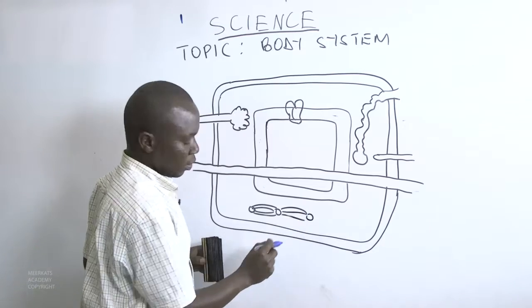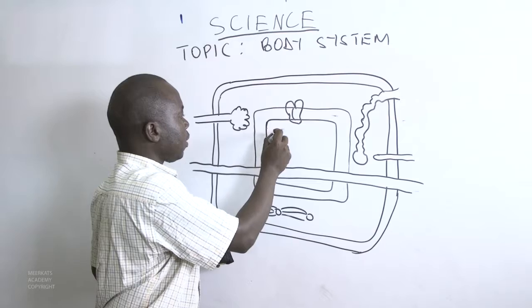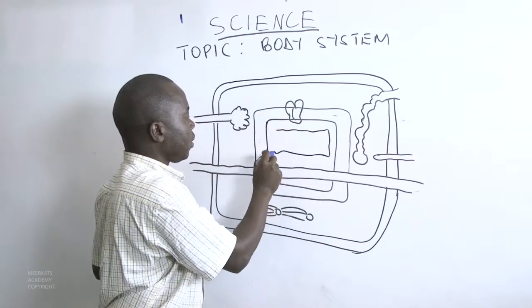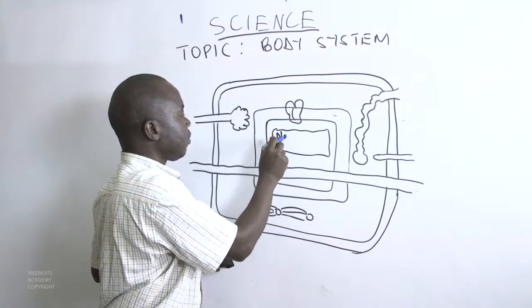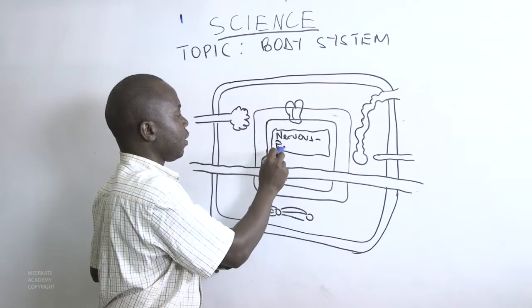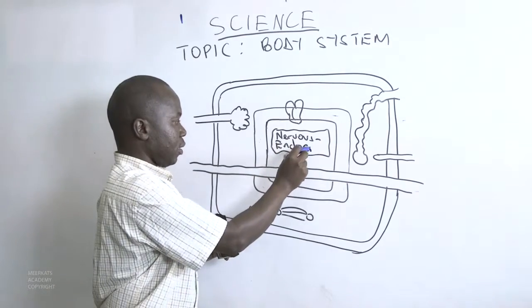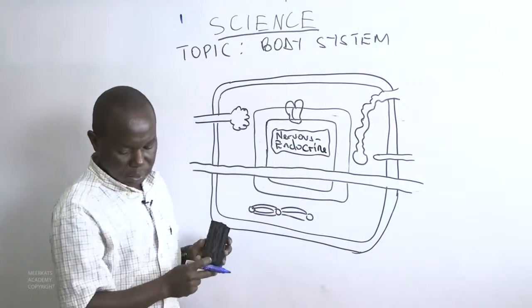Those are muscles at that point. Then here, the nervous system, nervous endocrine system.